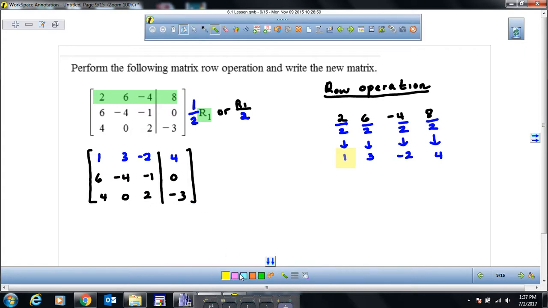So this is the new matrix with the resulting row operation, which is multiplying the first row by 1/2 or dividing the first row by 2. And I just want you to keep in mind what we did here with the first value. We turned the first value into a 1. Okay? Keep that in mind.